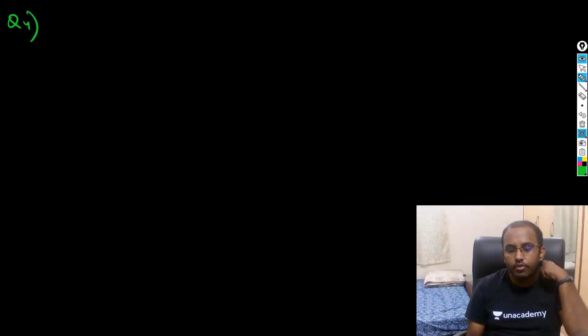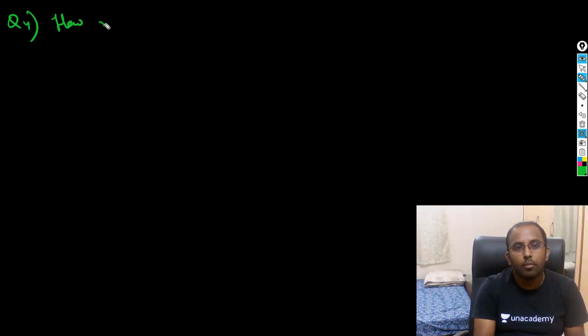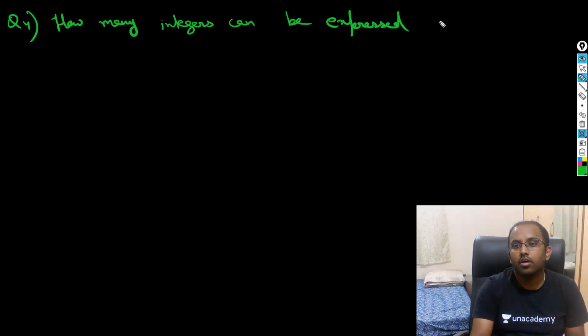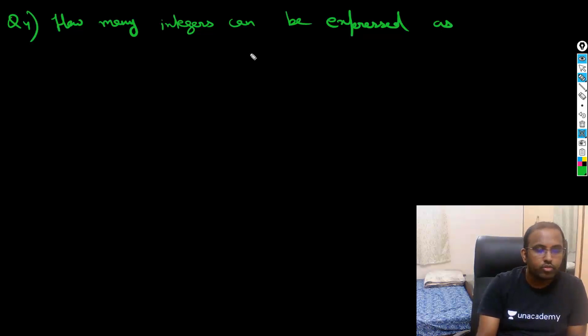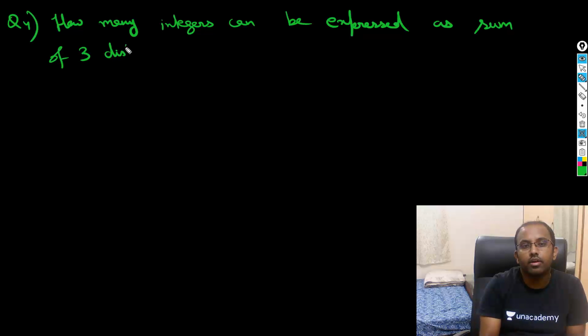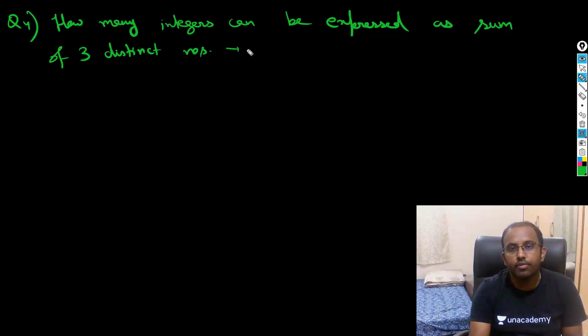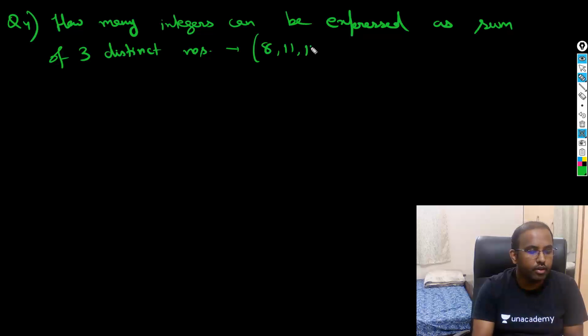Okay, this question says: how many integers can be expressed as the sum of three distinct numbers from a set like 8, 11, 14, 17, 20, and it goes on to 77.